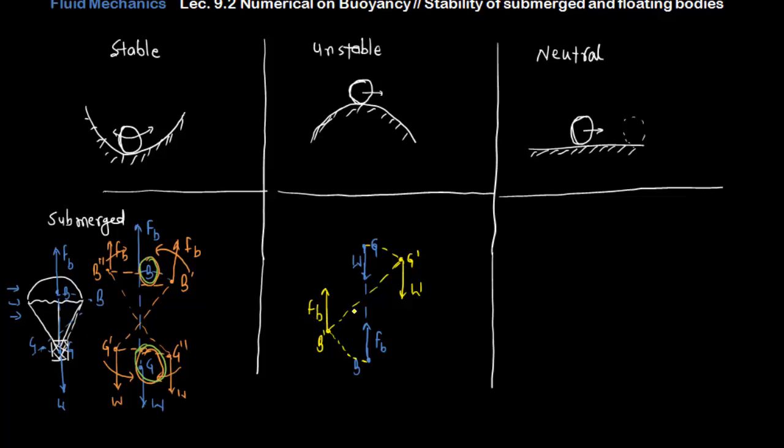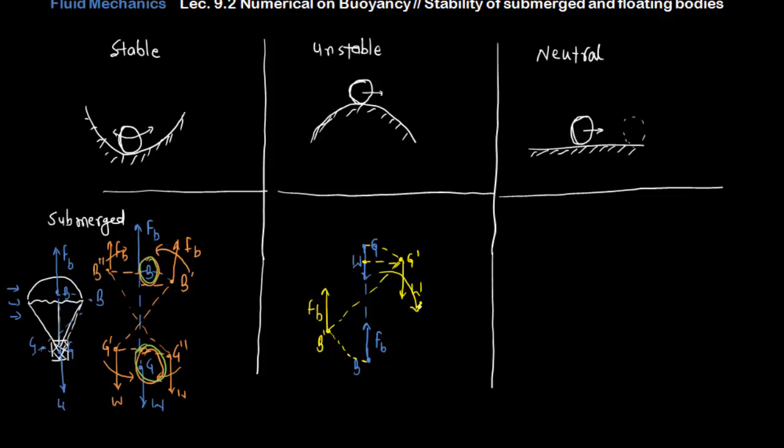Okay, so now in this case you can see this weight has a distance from the initial line of action, and this weight into this distance about this point is creating what? Creating a clockwise moment.